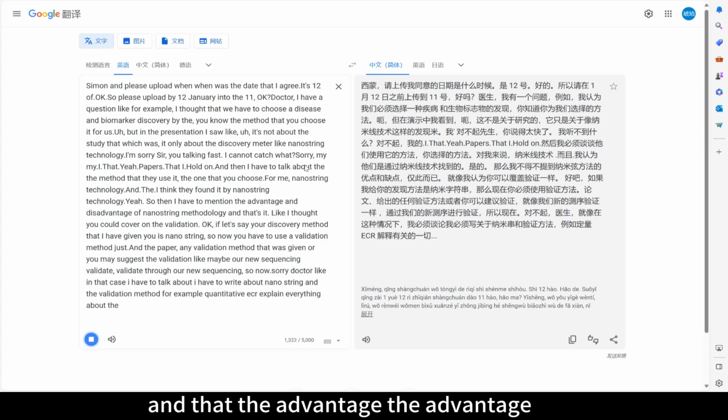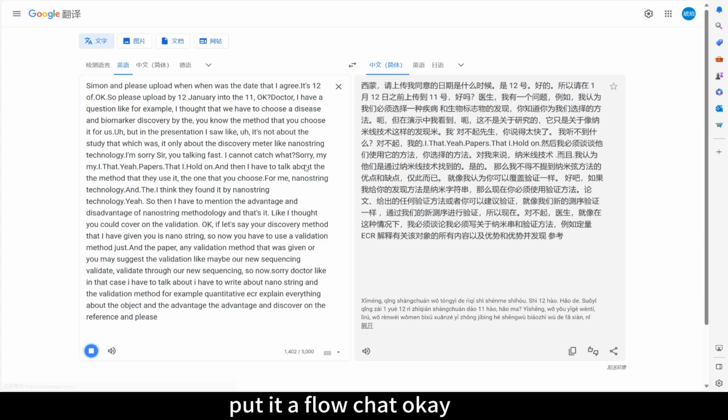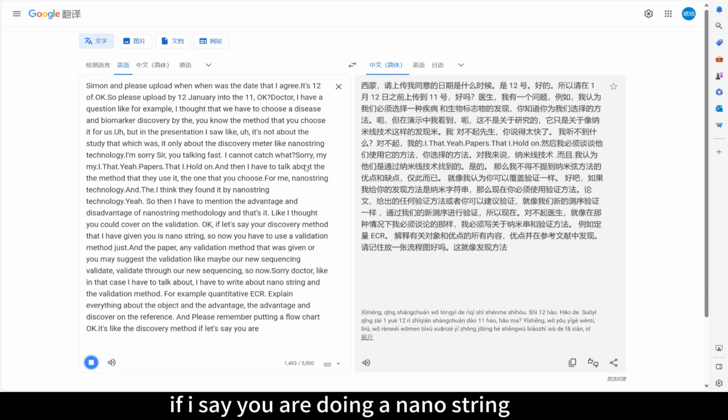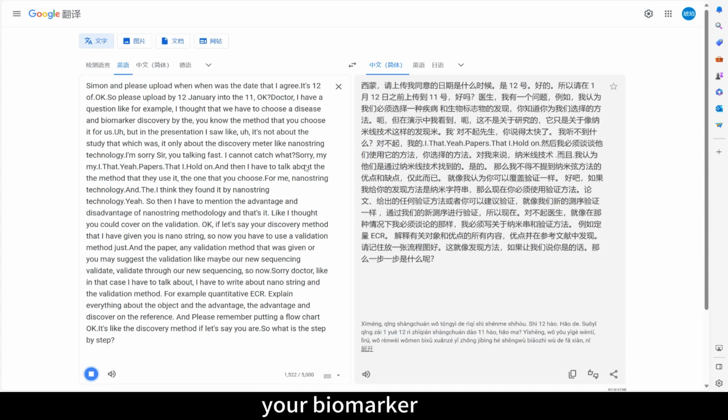Yes, and then the advantages, and then please cover the references, and please remember to put in a flow chart. For the discovery method, if you are doing nanostring, what is the step-by-step that you have to do in nanostring to discover your biomarker? Put it in the flow chart.